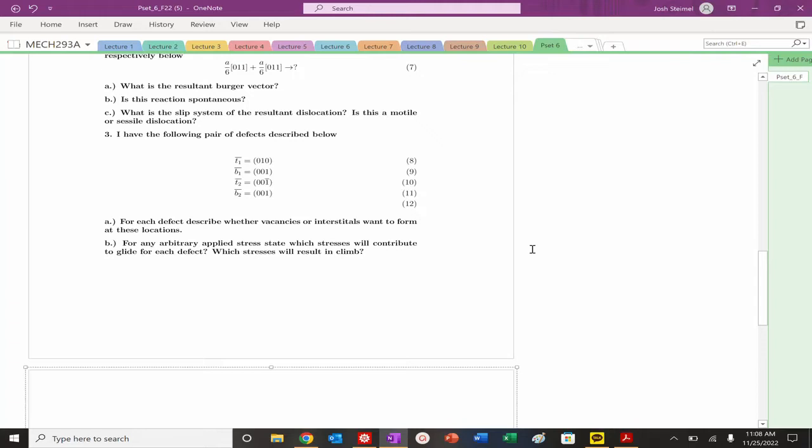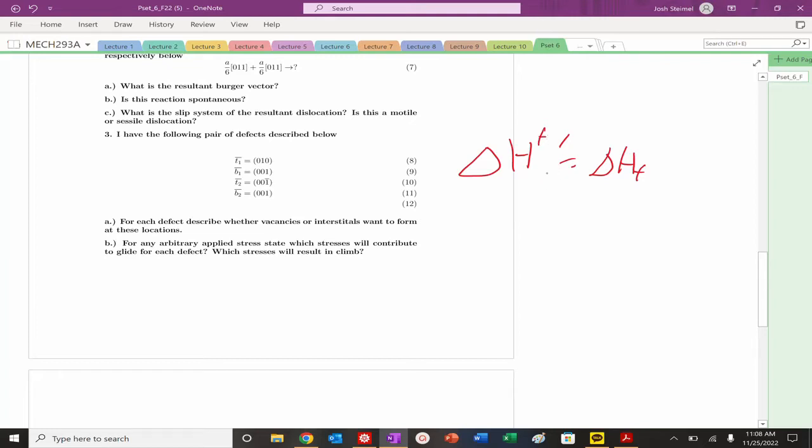So we know, again, when we're looking at interactions with point defects, we had an expression that effectively described how dislocations will interact with point defects. And it had to do with this expression of delta H formation.